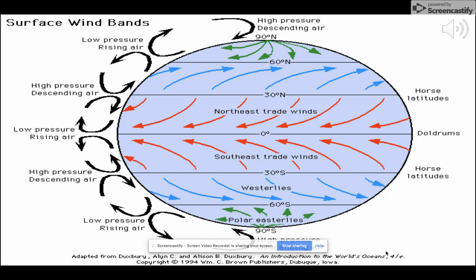This cold air moves and spreads towards the equator. Low pressure zones are located at the equator and the subpolar, which will have lots of rain. The high pressure zones are located at the subtropical and polar highs and will have little to no rain.